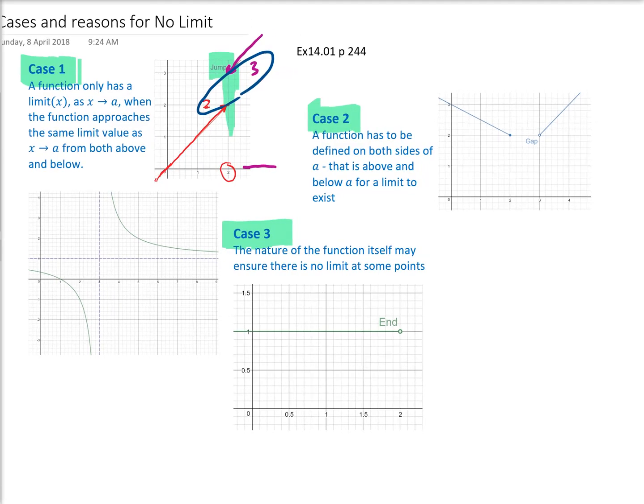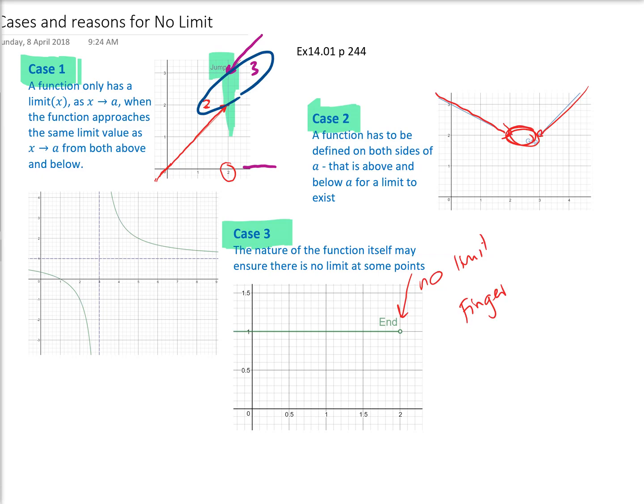From above and from below, although they might approach the same number, since there is a gap here, it's like the function has ended, and therefore there is no limit because it does not follow that finger test. Can I run my finger along the function from above and from below, and do you get the same number?